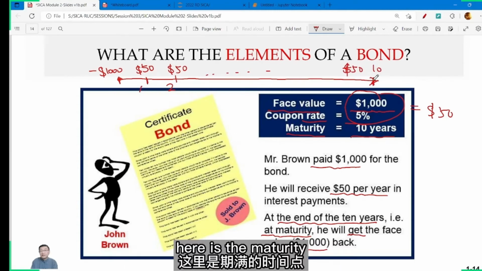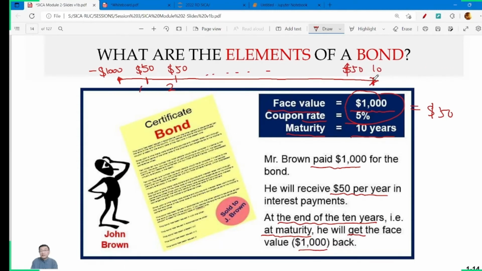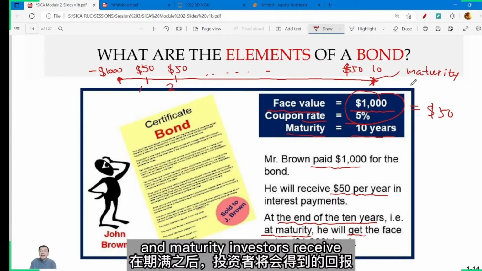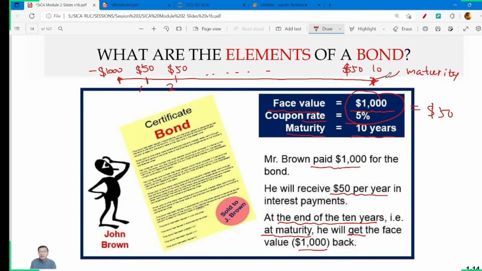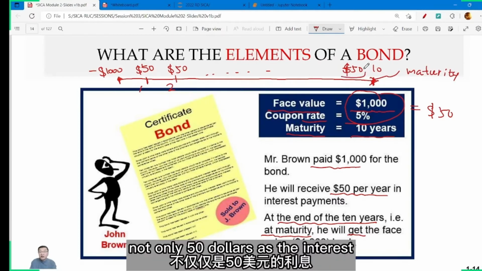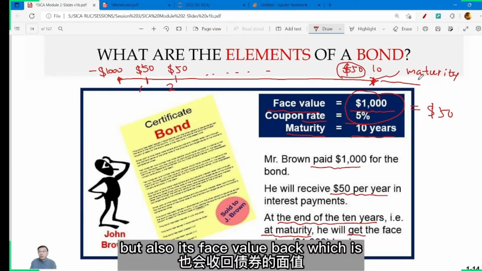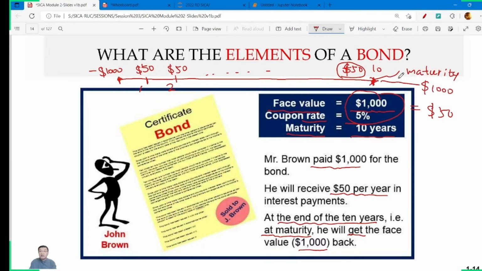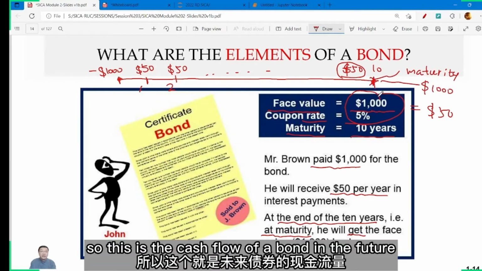Here is the maturity. At maturity, the investor receives not only $50 as the interest, but also the face value back, which is $1,000. So this is the cash flow of a bond in the future.